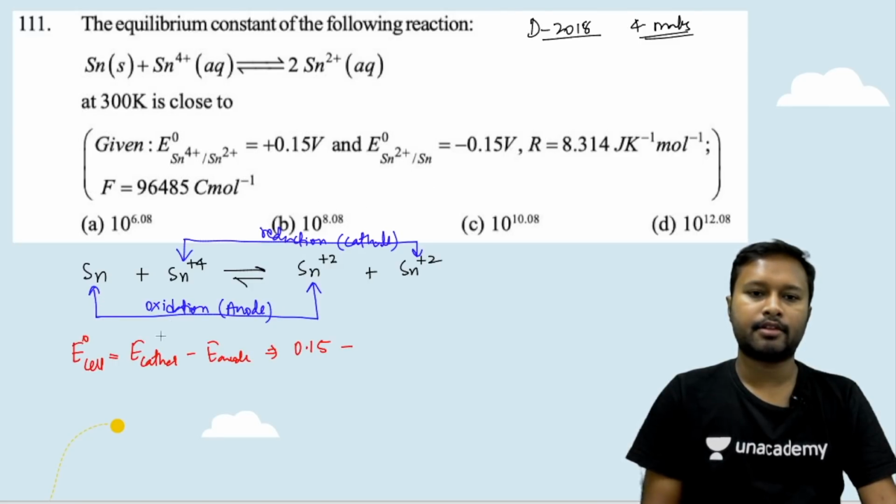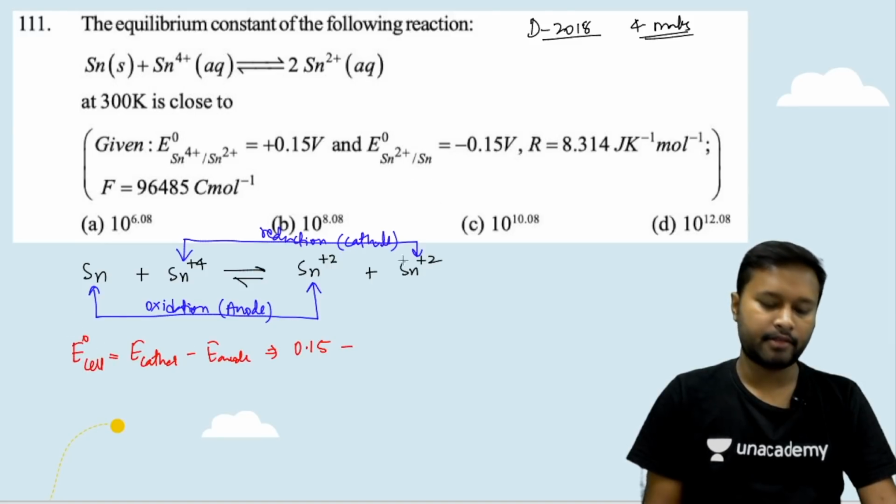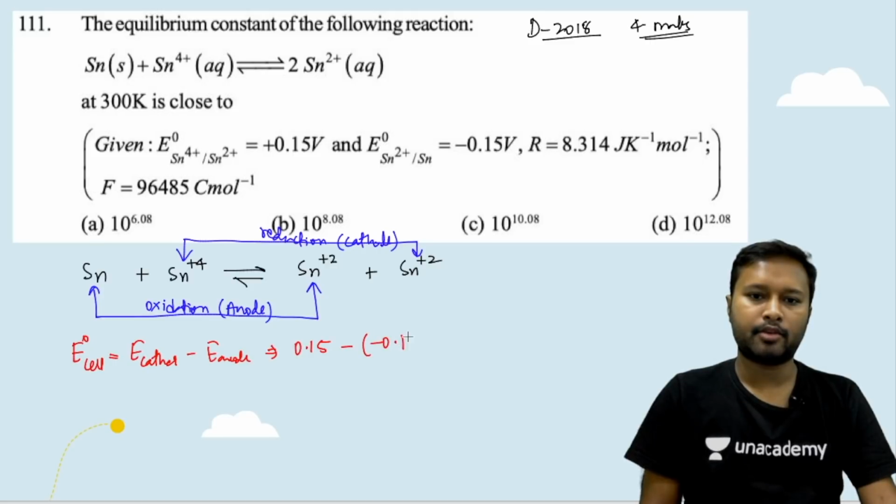This is oxidation happening, and it is given in the reduction potential, so minus 0.15. The values are kept in reduction potential, so let it be like that only. Minus will be plus, so it is going to give you 0.3 volt.